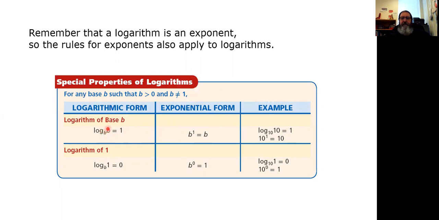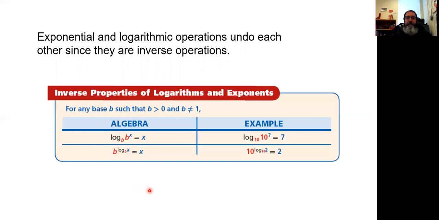Log base 7 of 7, log base 12 of 12, log base 2 of 2, all of them equal 1, okay? So anytime these two match, or you can manipulate the equation mathematically to make them match, it makes your life a little bit easier. And then here, log base b of 1 is always going to equal 0. So these are special properties of logarithms. They're the simple, basic, easy properties, but good to know.